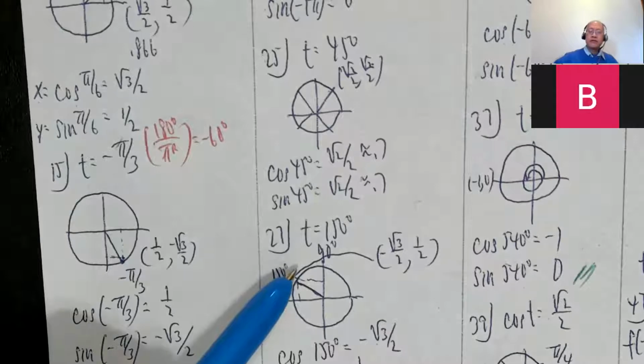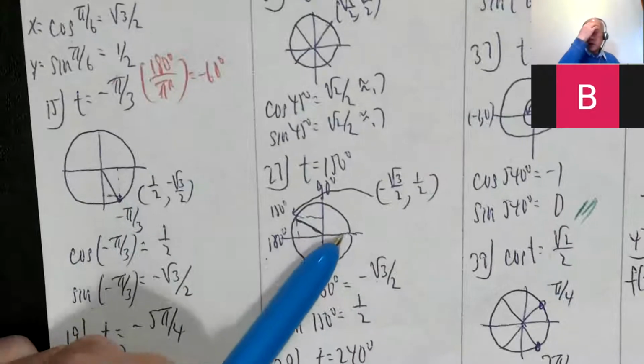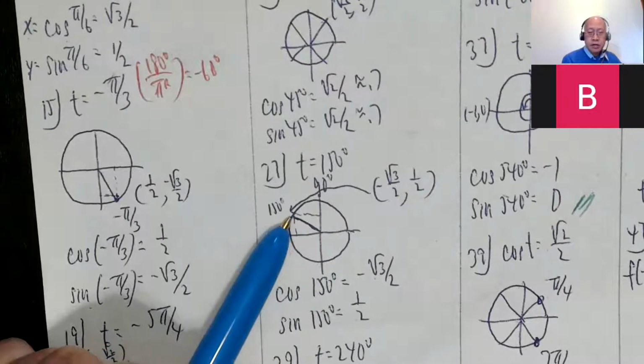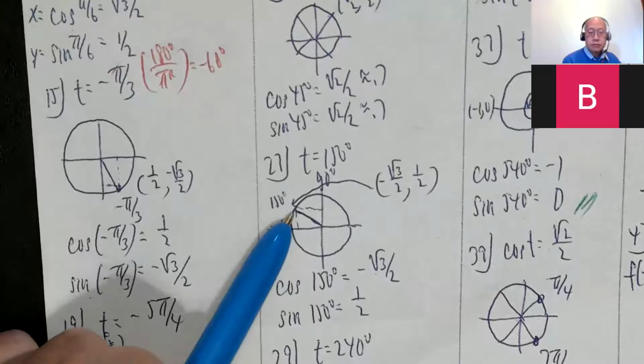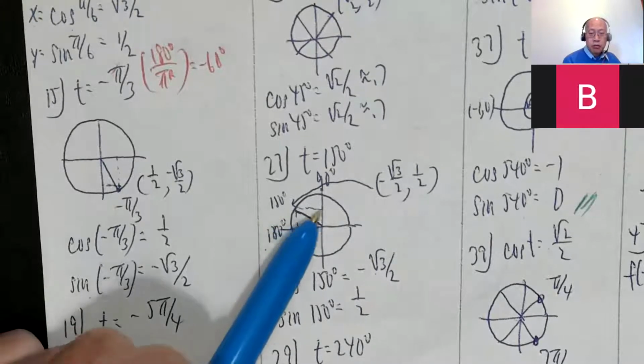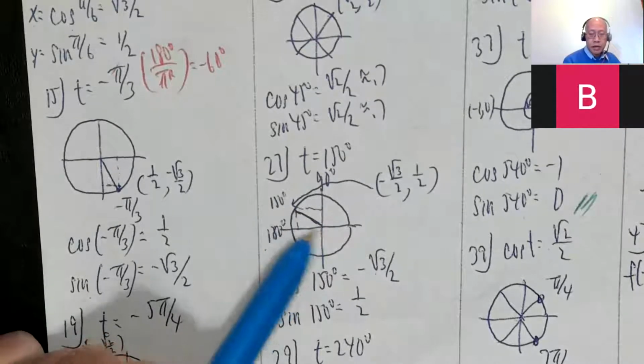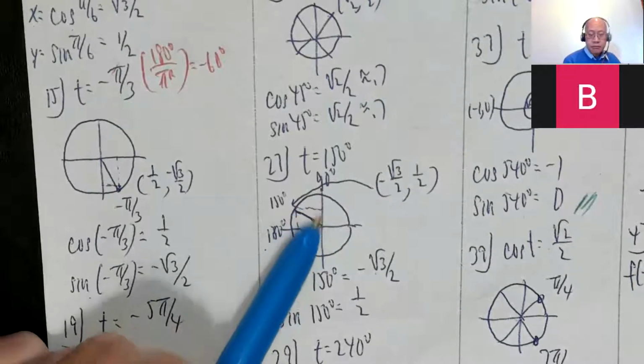All right, 27, 150 degrees. Okay. Well, I know this is 180. Here's 150, 30 degrees back of 180. Okay, so I'm right here. Does it look like X or Y is halfway across the circle? If you look at X, that's way more than half. Y looks like it's a half.